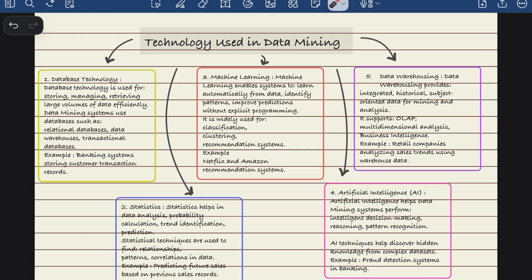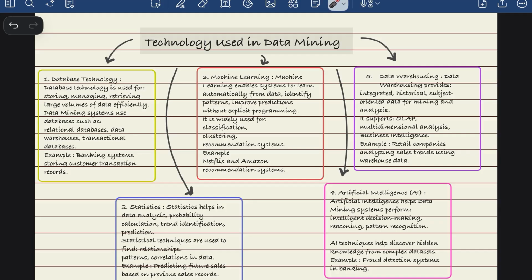Second kind of technology is statistics, the mathematical brain, right? So the second pillar, statistics, is the mathematical backbone of data mining. So statistics help us to calculate data analysis, probability, and all of the things which are required to evaluate our data, right? To identify the trends.